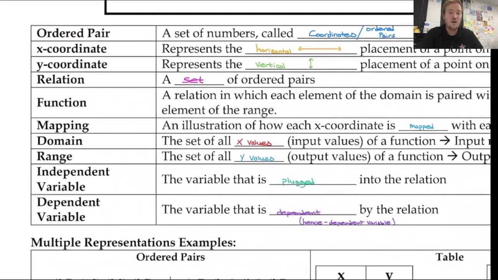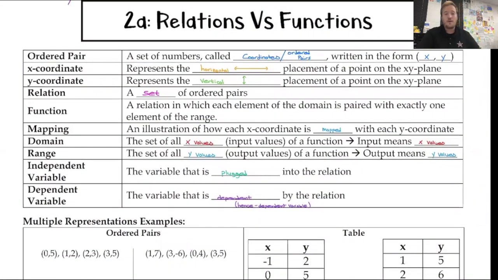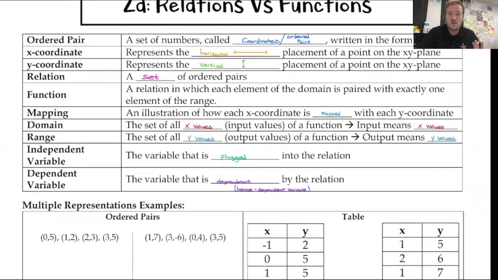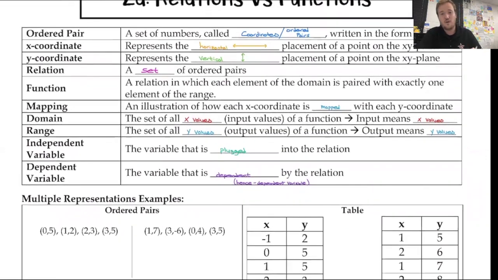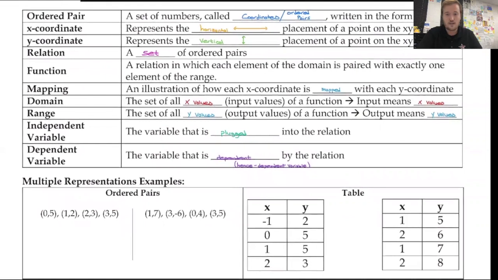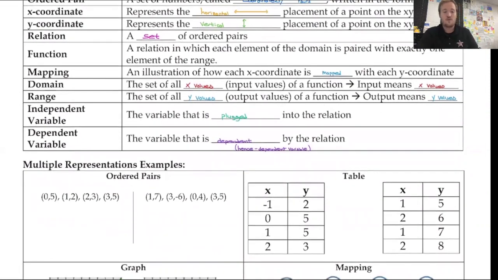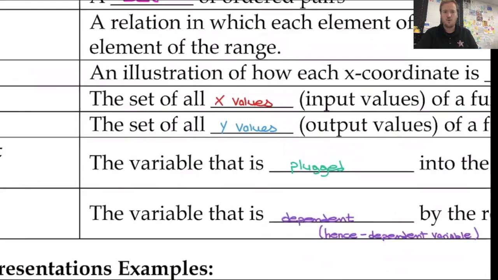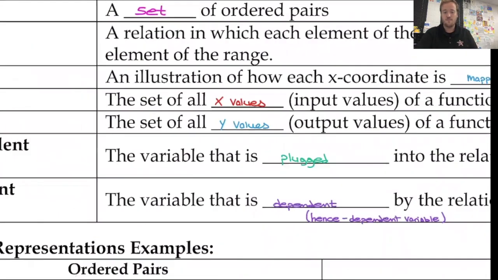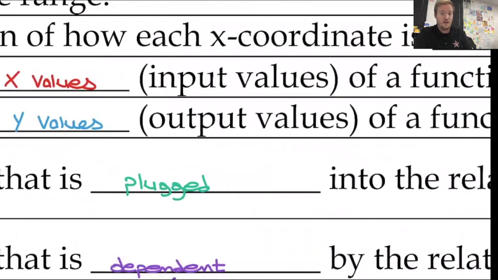So mapping is going to be a different illustration which you may or may not have seen before, but we'll get to a visual of what that looks like later on. And then we're going to be talking about domain and range. So your domain refers to all the x values, which we also call input values.